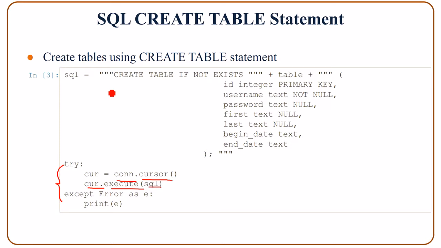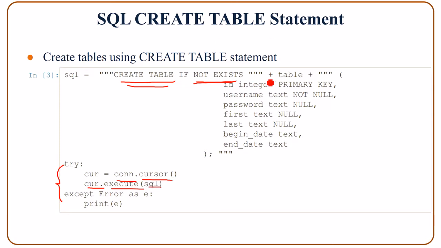So for creating a table, we use the CREATE TABLE SQL statement, CREATE TABLE IF NOT EXISTS. So if it exists, then it doesn't create the table, and if the table doesn't exist, then it creates the table.